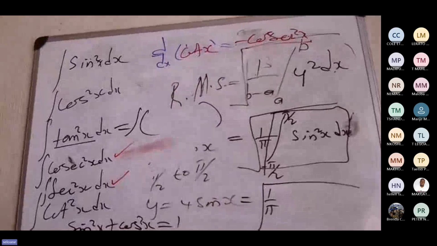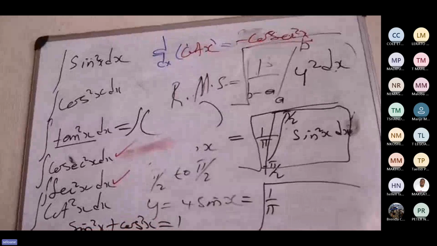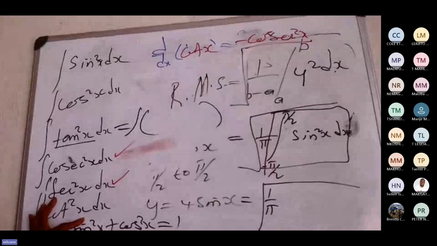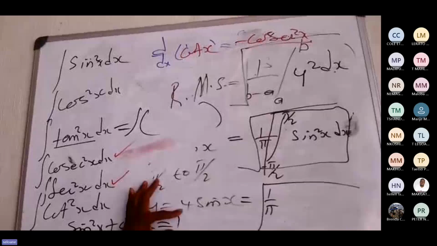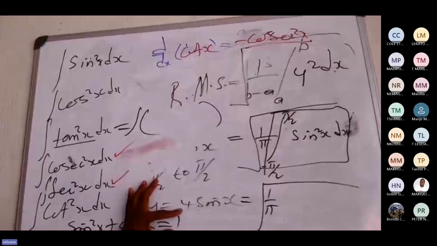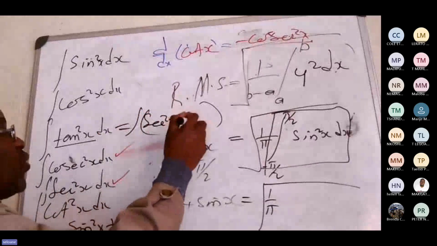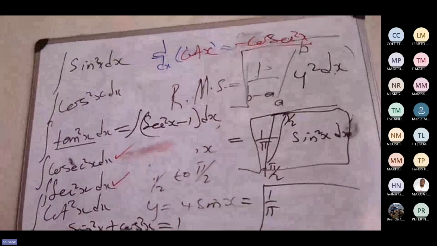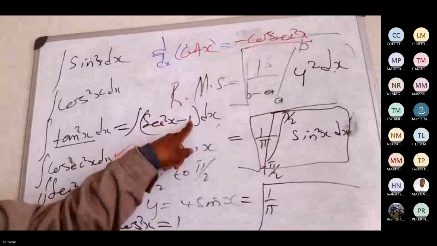If you divide throughout by cos squared x, this divided by cos squared x is tan squared x. This divided by cos squared x is 1. This divided by cos squared x is sec squared x. Therefore, tan squared x becomes sec squared x minus 1. Then this one is standard, it is tan x. This one is x. Therefore, you are done.